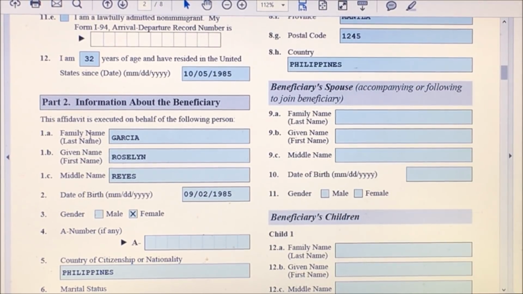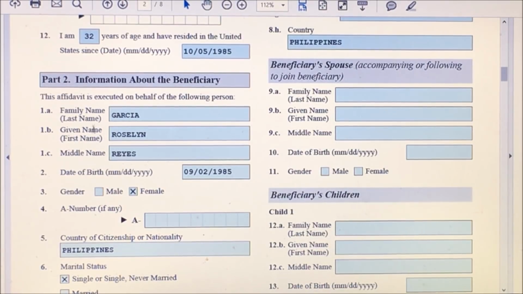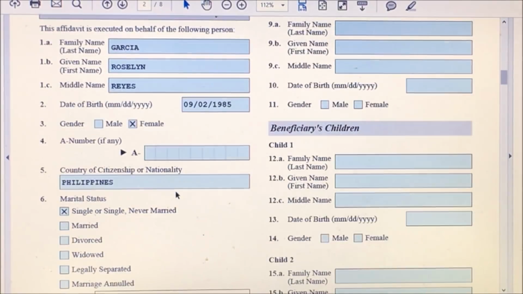So this affidavit is executed on behalf of the following person. So family name, the last name of your beneficiary, the given name or first name of your beneficiary, and then the middle name of your beneficiary, then date of birth, and then what is the gender, and then alien number if any.